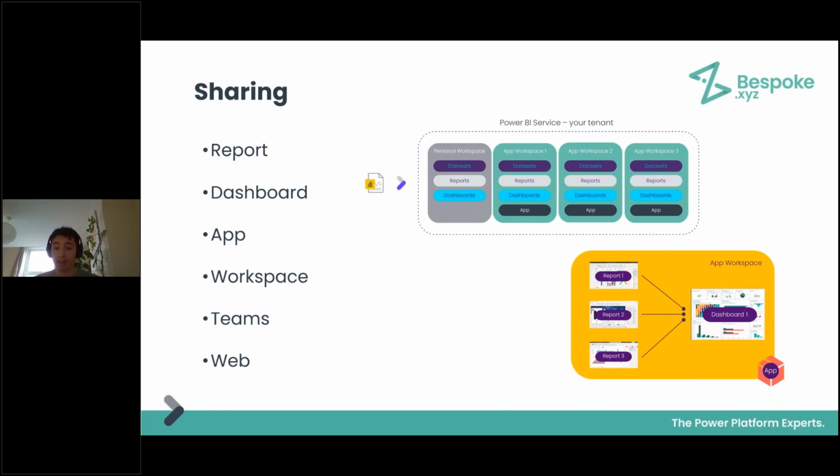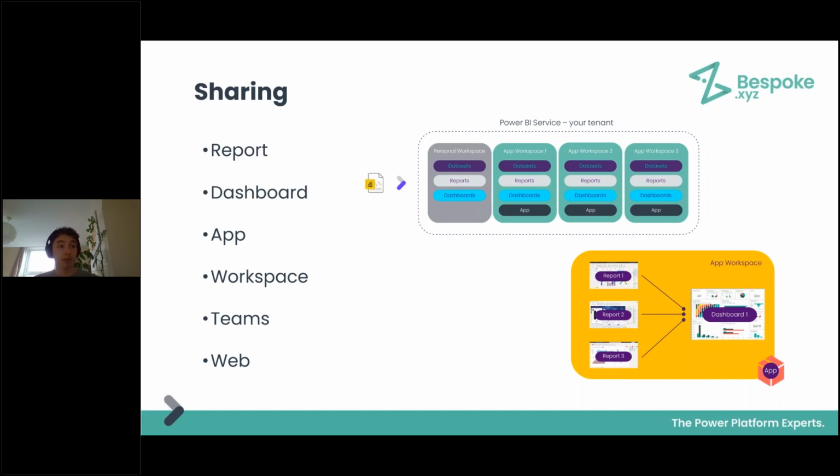Whereas with an app, it puts it all in one place, and so you can send out one link which contains all of those reports and dashboards already. So it's a lot easier when it comes to distribution. So definitely think about that as well when you're thinking about sharing and collaborating. You can also share at a dashboard level also.